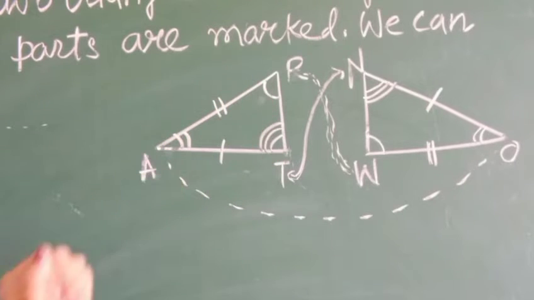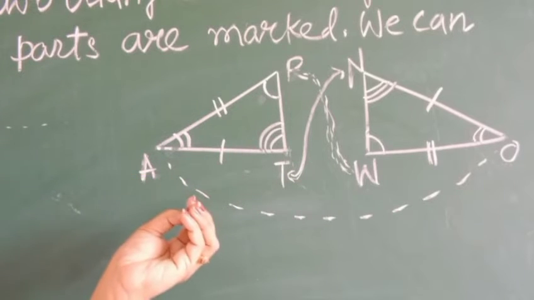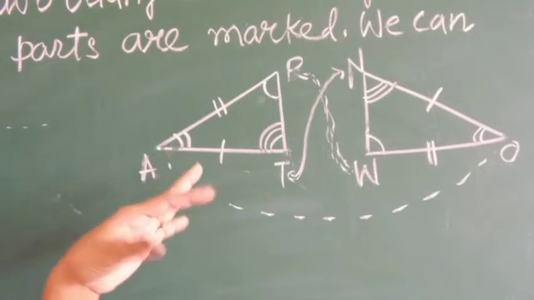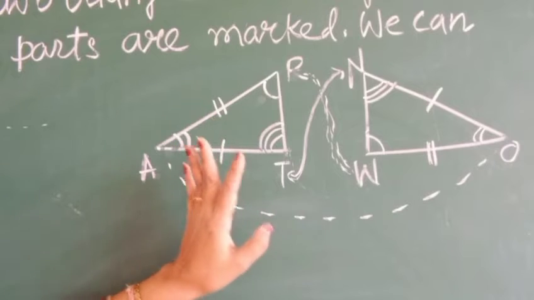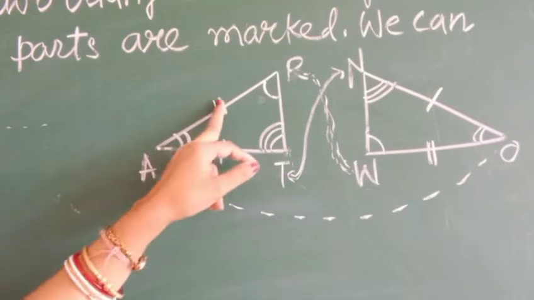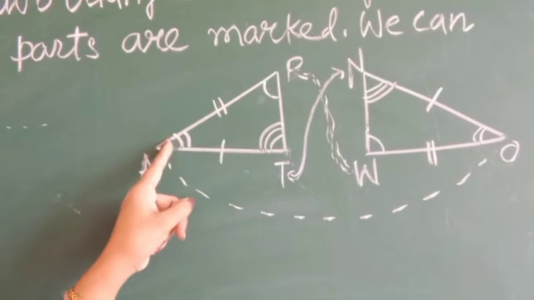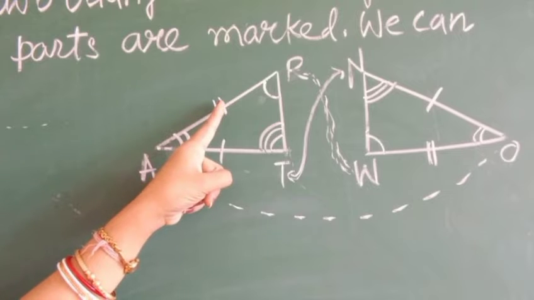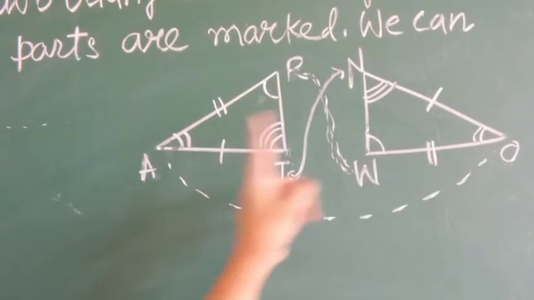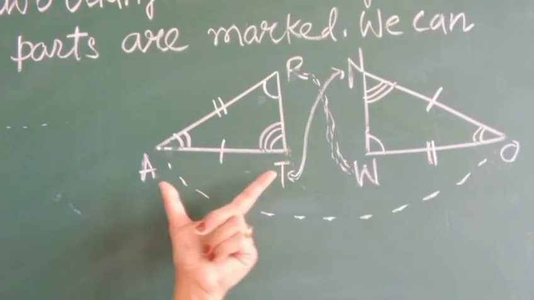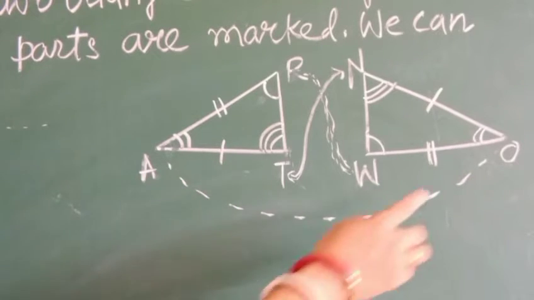By using this mark sign, I can't take the angle criteria. You know that in previous classes we have already discussed why we are not using angle criteria in congruency. So three angles you will not take. Either I have to take angle side angle criteria, or I can choose side angle side criteria, because this side is equal to this side, angle A is equal to angle O, and AT is equal to ON.